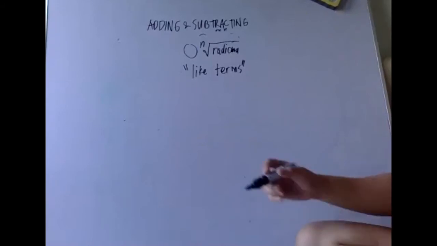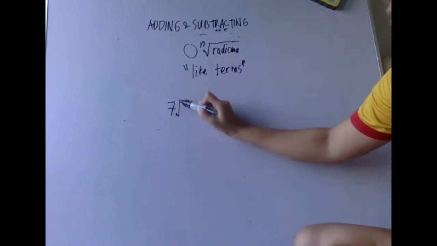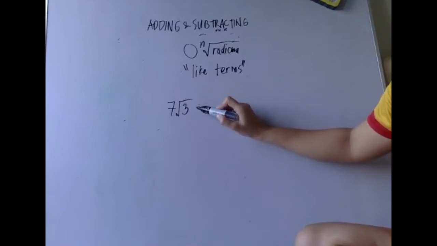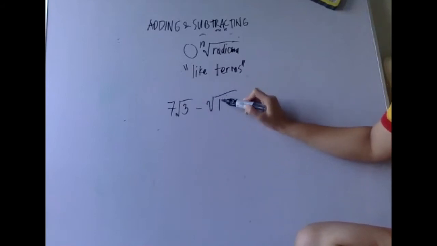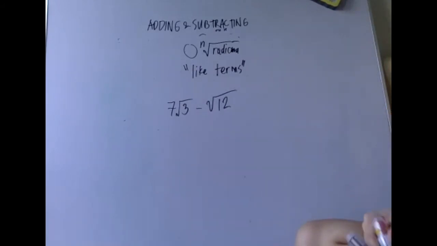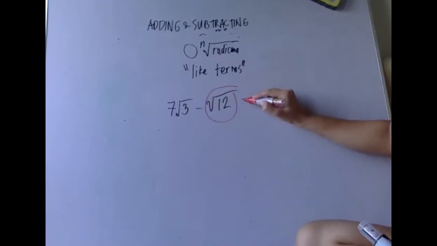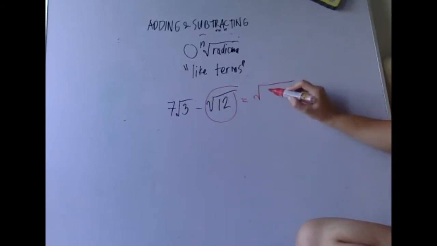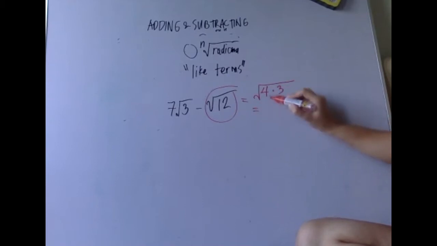How about if we have 7 square root of 3 minus square root of 12? Okay? Ito, pwede nating i-simplify. Ano yung factors nito na may perfect square? 4 times 3, which is equal to 2 square root of 3. Okay?